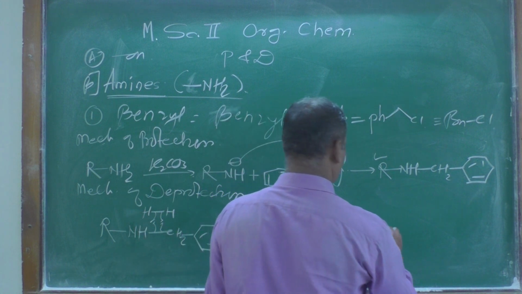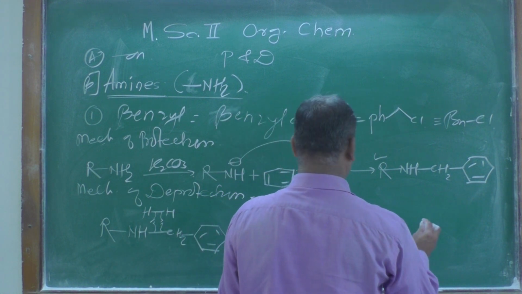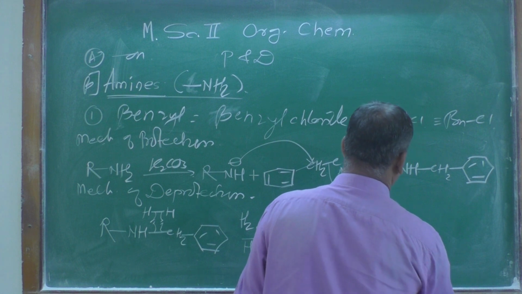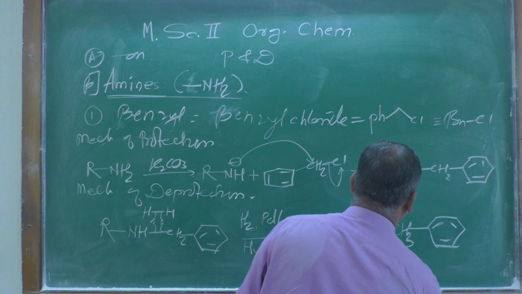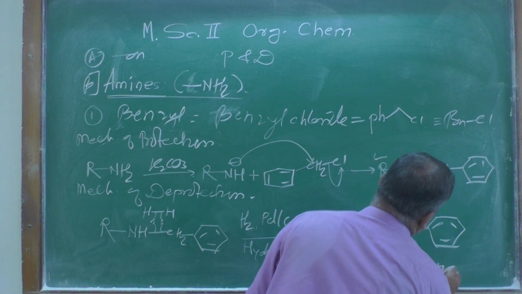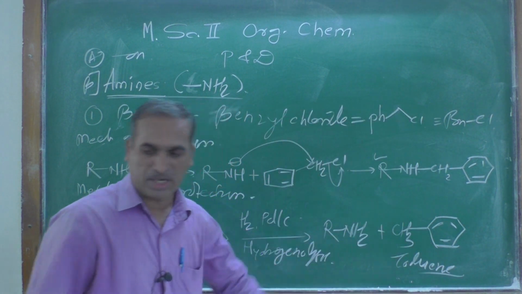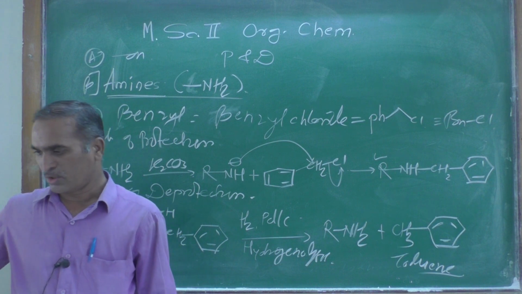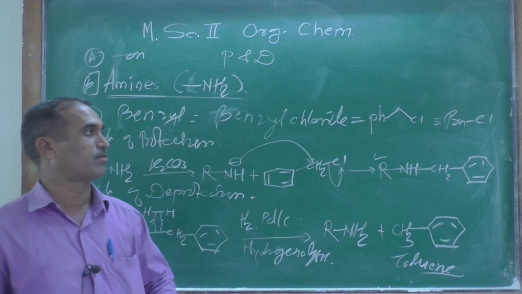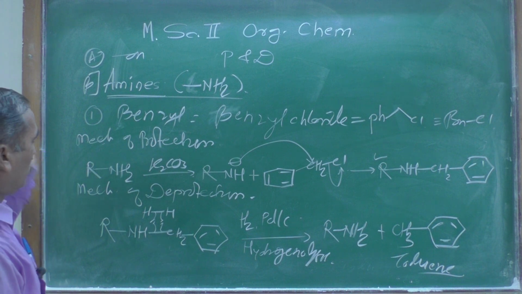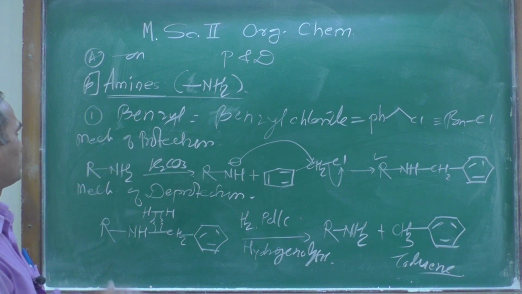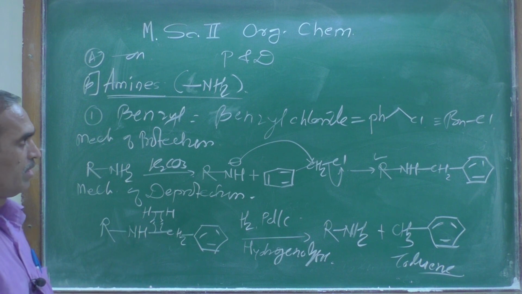That mechanism, as we know, is imaginary, so you get CH3 here, and this is toluene formation, right? Toluene is a side product obtained during the hydrogenolysis. This is one of the benefits of that reaction. So this is all about the first one, the amine group.